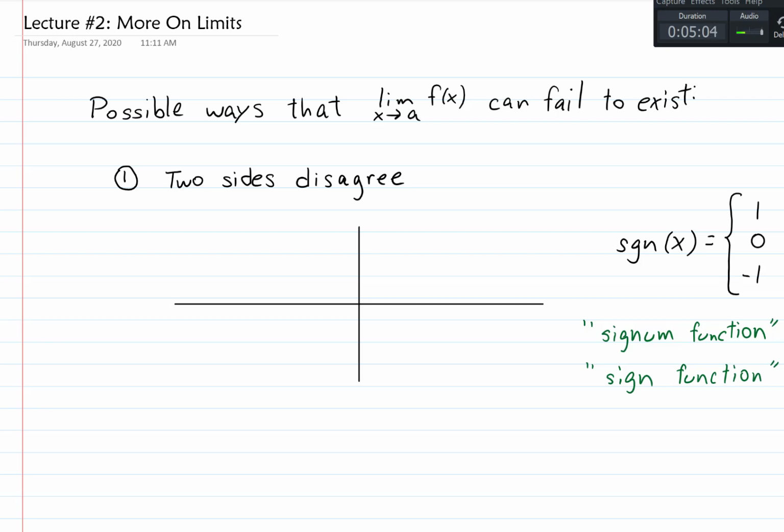So that's why we have this name Signum, instead of just sign function. But if you do call it that, you should say sign, S-I-G-N, not S-I-N-E. All right, so anyways, let's graph that. If you graph it, it's going to look like this.